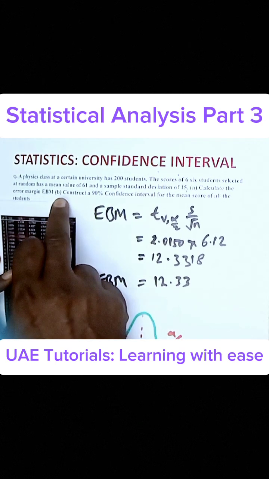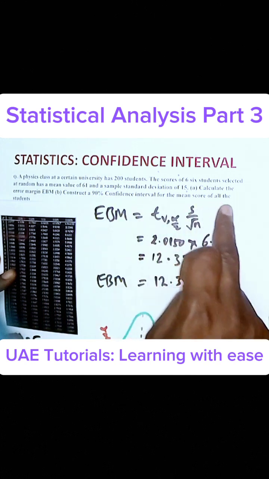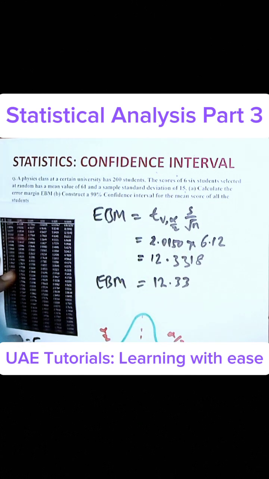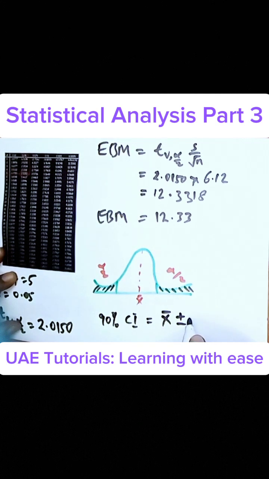The B part of the question says we should construct a 90% confidence interval for the mean score of all the students. So to do that, to construct a 90% confidence interval, it is the sample mean plus or minus the EBM.